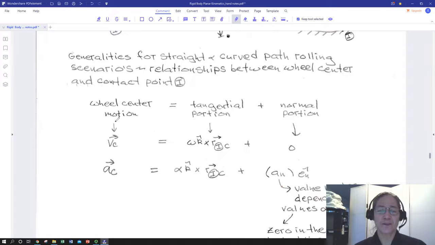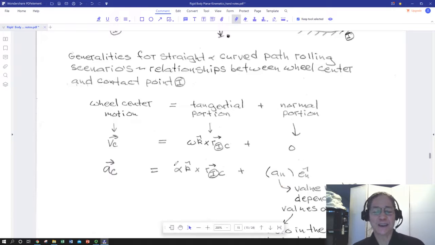So, generalities for straight versus curved paths. We can kind of make ourselves a little table here, with relationships between the wheel center and contact point of the surface, the instantaneous zero velocity center. So for velocity of the center, that's going to be equal to our angular velocity of the wheel cross our IC, plus no normal portion if we're rolling on a straight surface.